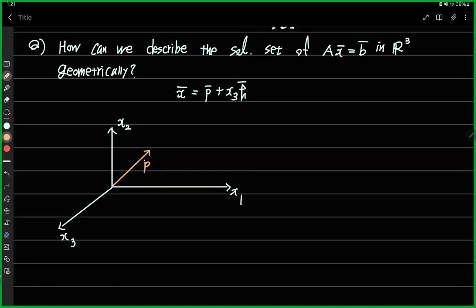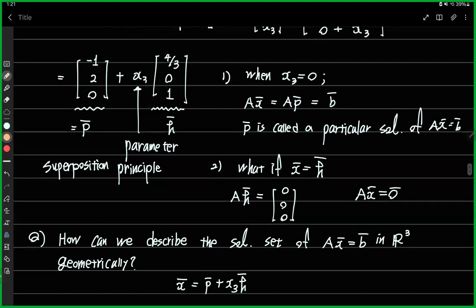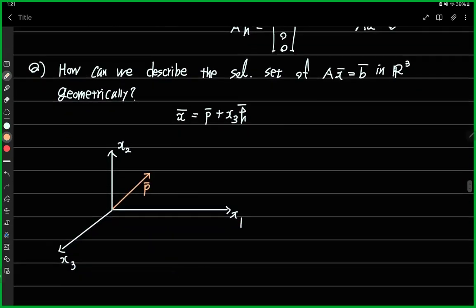That's p. And then h is what? 4, 0, 1, right? Maybe like this, but not exactly. This is h.